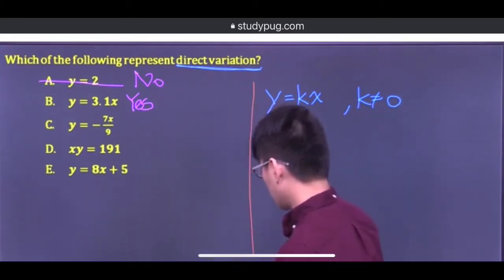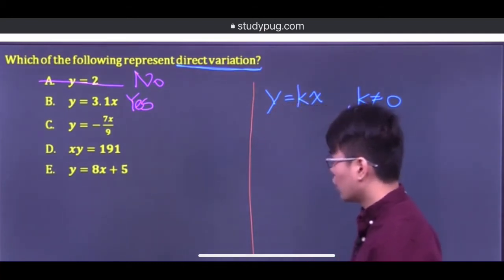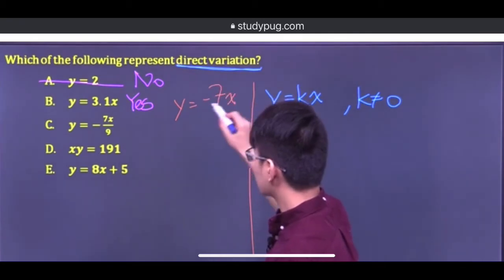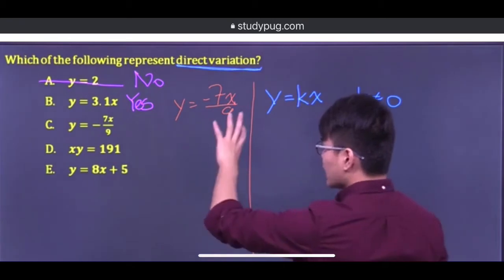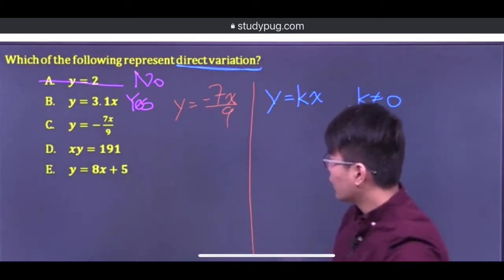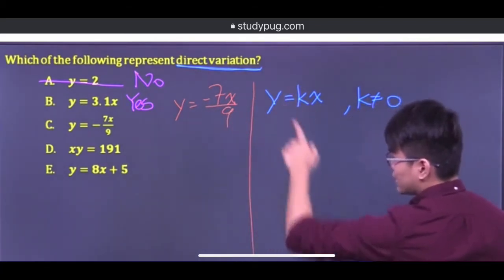Let's take a look at our option C now. We have y equals negative 7x over 9. We can see that we have a fraction here, negative 7 times x over 9. At first glance, it doesn't quite match with what we have on the right side.